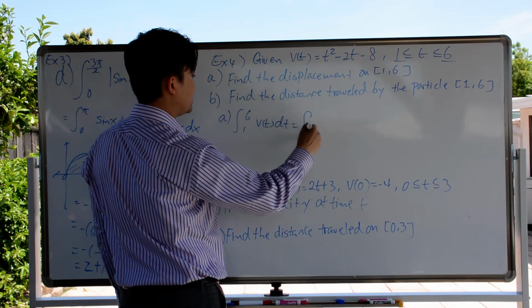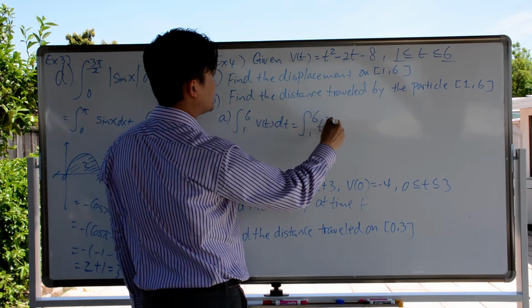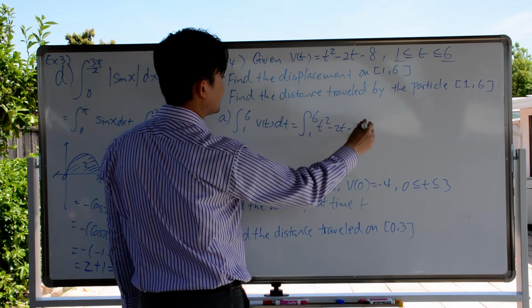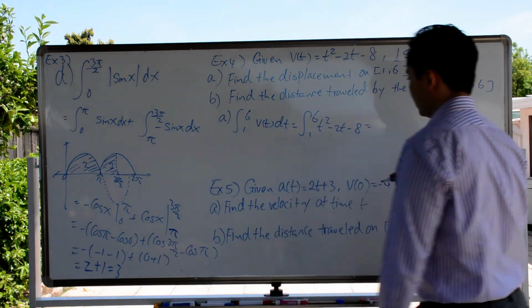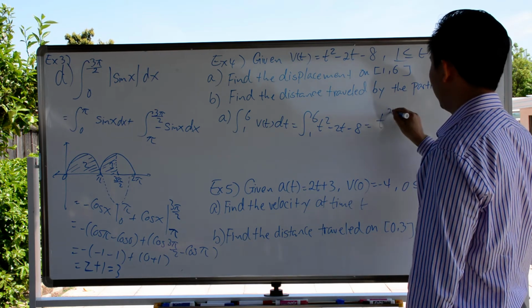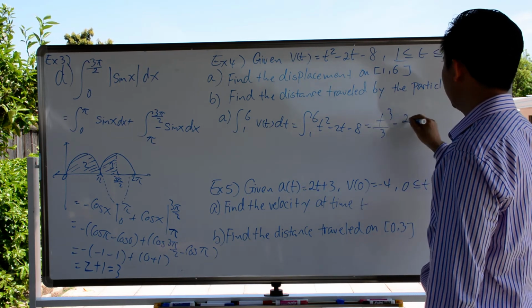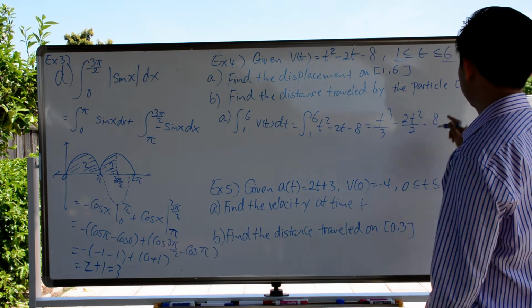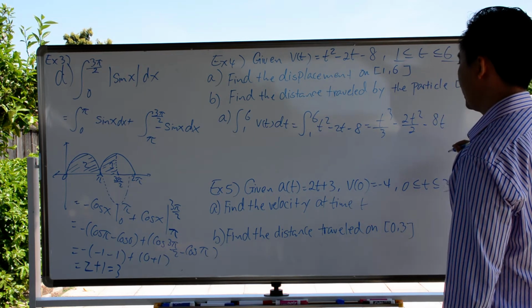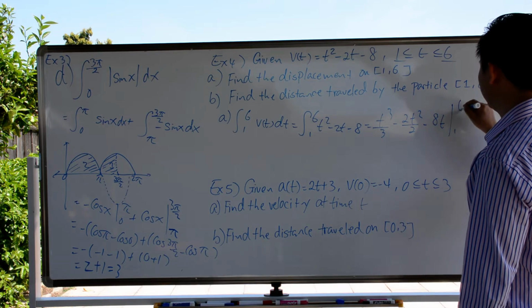Plugging in v of t, we have t squared minus 2t minus 8. Integrated, it's just a normal integral: t to the power 3 over 3 minus 2t squared over 2 minus 8t, from 1 to 6.